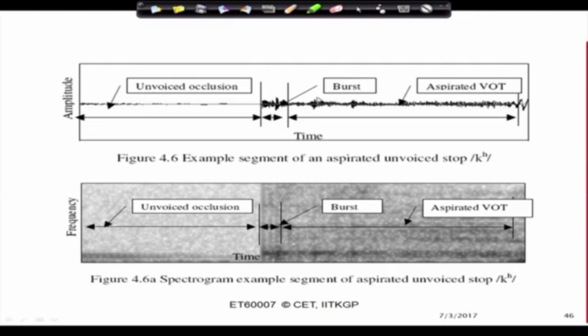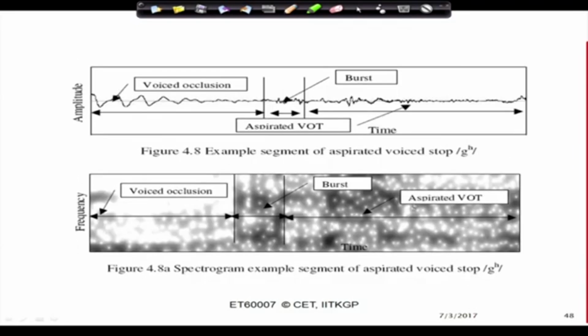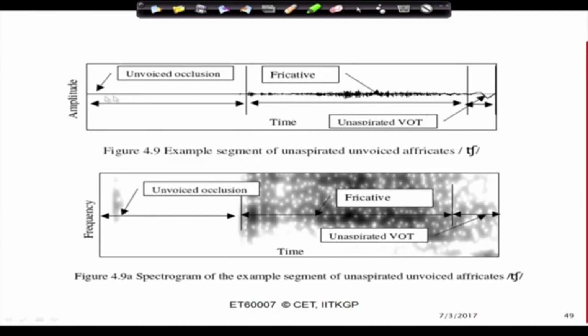So, occlusion, burst, aspirated. If it is voiced, during the occlusion period the vocal cord is vibrating, so there is a voice bar kind of sound, that is why it is called voiced. So, occlusion is voiced. So, it is a voiced stop, ga. Then if it is gha, there will be aspiration, aspirated VOT, all else the same. Similarly, for an affricate, the occlusion part is unvoiced, then friction, then VOT.